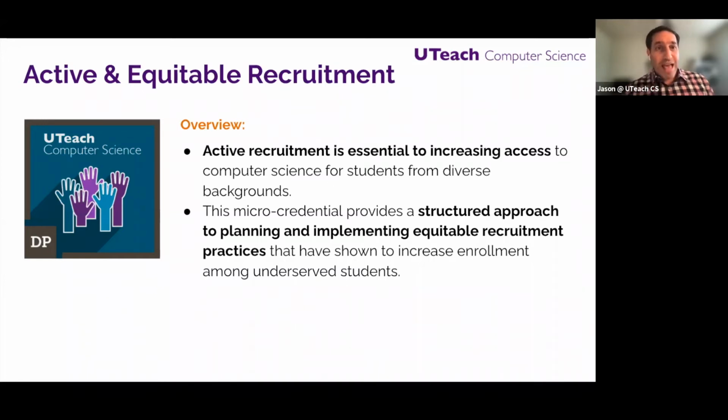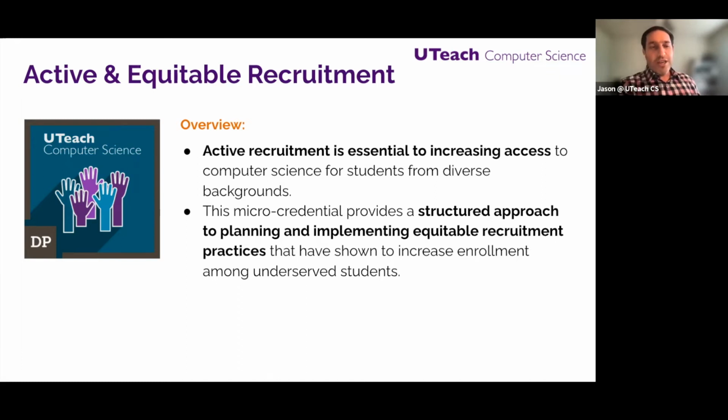So let's start off with active and equitable recruitment. When you're recruiting for your CS class, you want to keep in mind that CS usually has a lot of barriers to the classroom. It's usually dominated by white and Asian males. Underrepresented minorities are not represented, obviously, in CS classes, and they tend to be low with female enrollment as well.